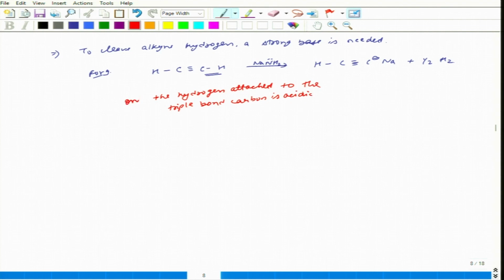Only that hydrogen is acidic. For example, let us say there is propyne.